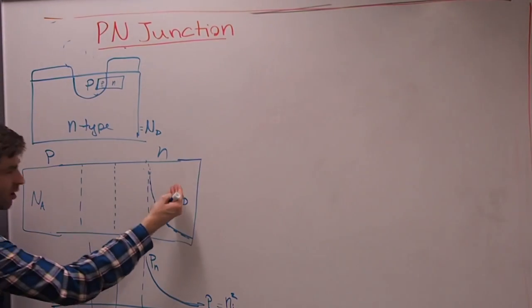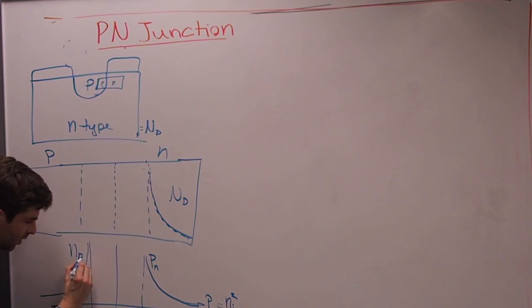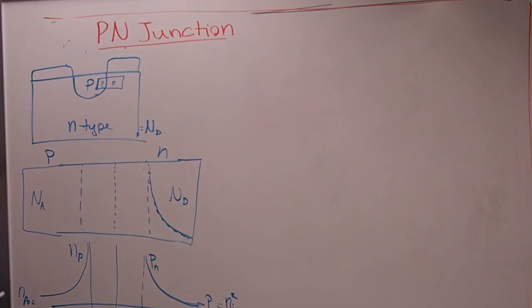Similarly, over here, the electrons which diffuse from the N side over to the P side decay and fall off like this, n_p to n_p0, which is, you guessed it, ni squared over Na. Minority carriers will eventually recombine and go back to their intrinsic level right there.